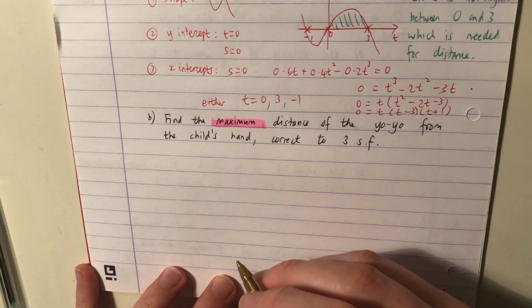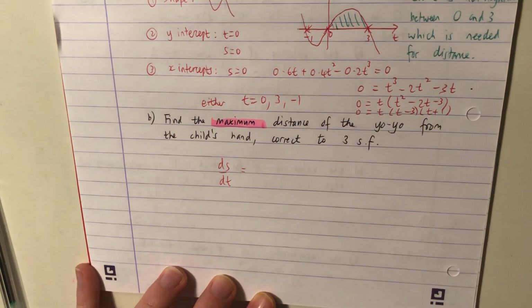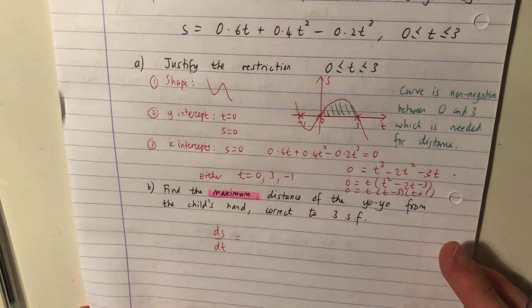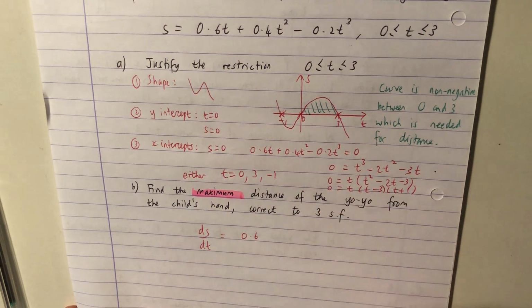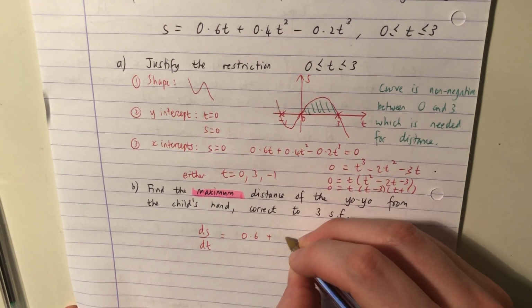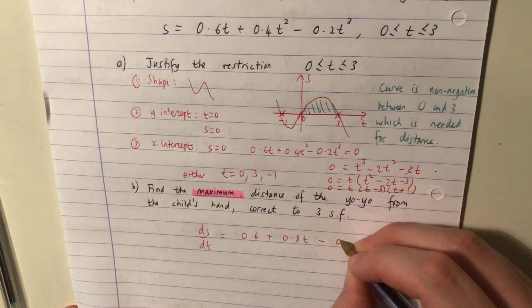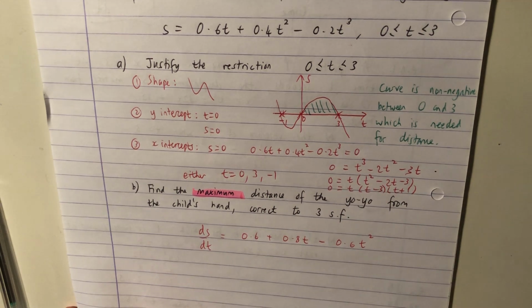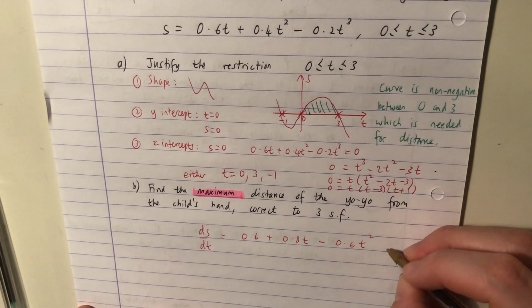So let's do that. ds by dt. Differentiate that formula back up there. It'd go to 0.6 plus 0.8t minus 0.6t squared. And then the maximum would occur when this is equal to 0.